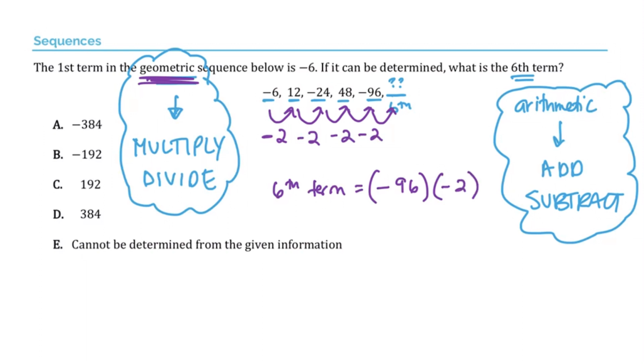So my sixth term is -96, my fifth term there, times -2, which is equal to +192. So the correct answer to this question is C.